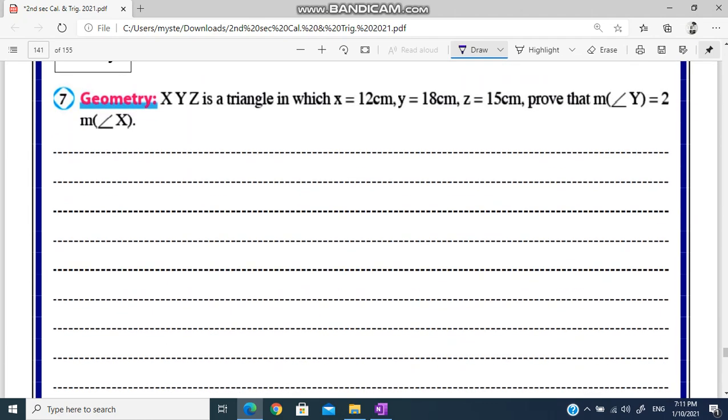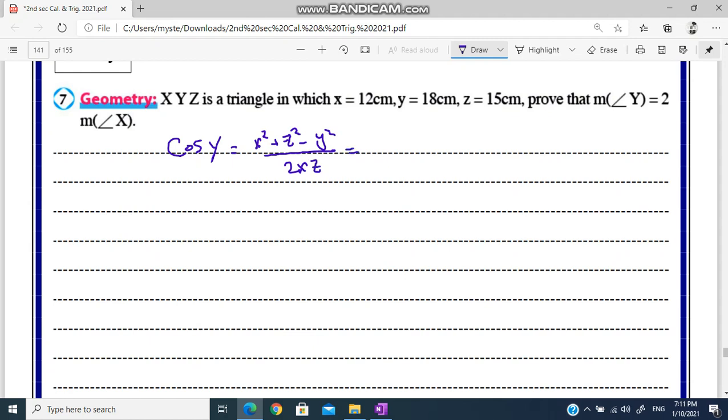Here we have XYZ is a triangle. The length of x is 12 and y is 18 and z is 15. Prove that the measure of angle Y equals double the measure of angle X. We can use the cosine rule. From the first term, cosine Y equals x² plus z² minus y² over 2xz.